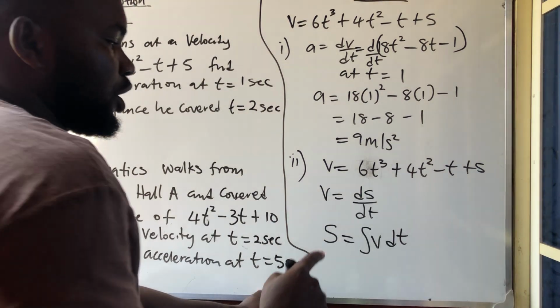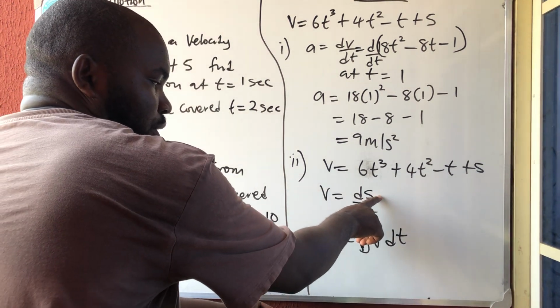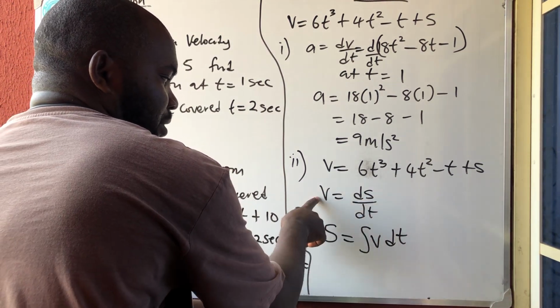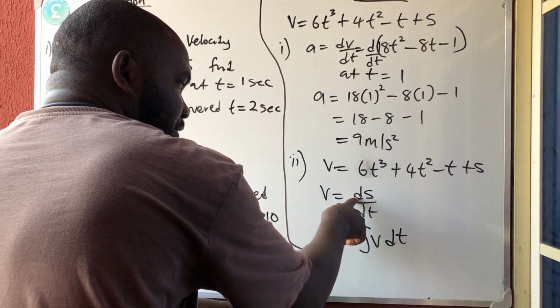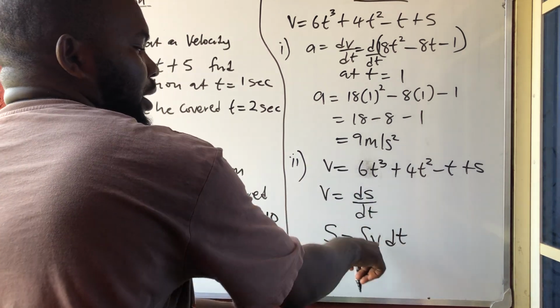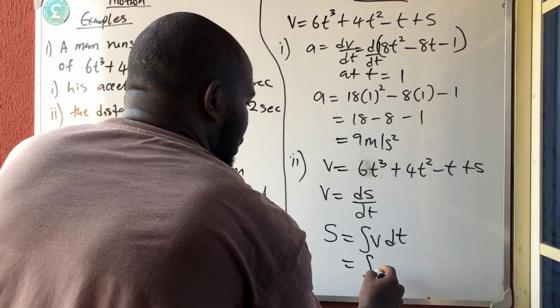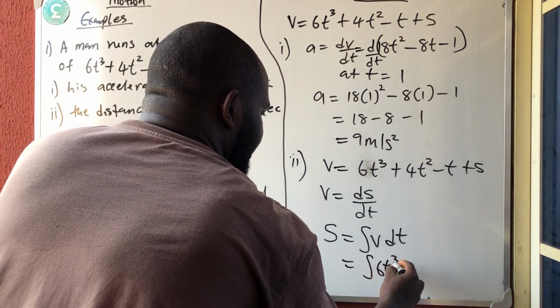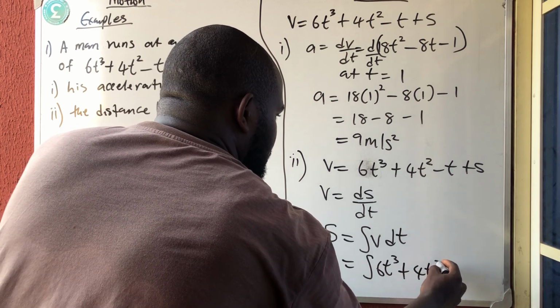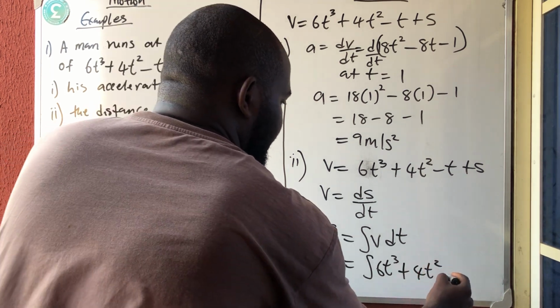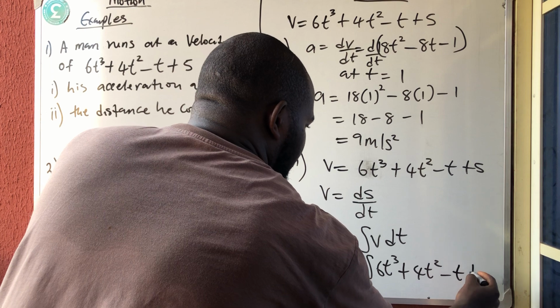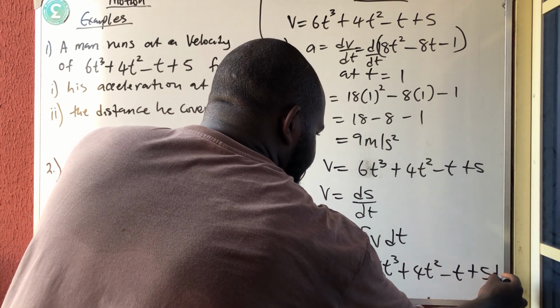But this one, I want s, so differentiation crossing to the other side becomes integration. So I'm supposed to have the integral of 6t cubed plus 4t squared minus t plus 5 dt.